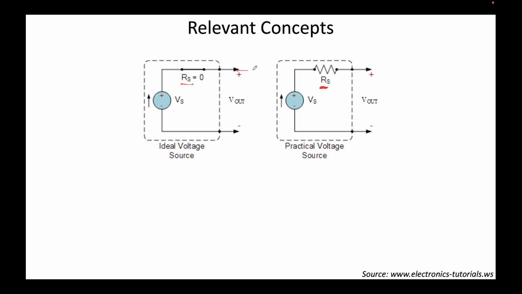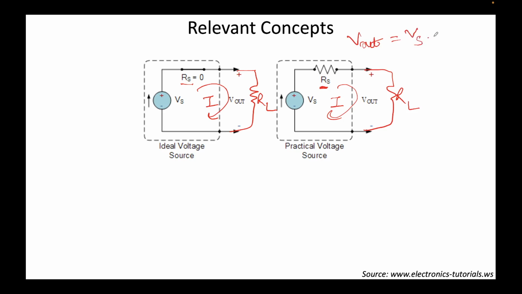Now let's assume that we connect a load RL to both of our voltage sources, and that a current I starts to flow in these circuits. Using Kirchhoff's voltage law, we can write that V out equal to Vs minus I times Rs.